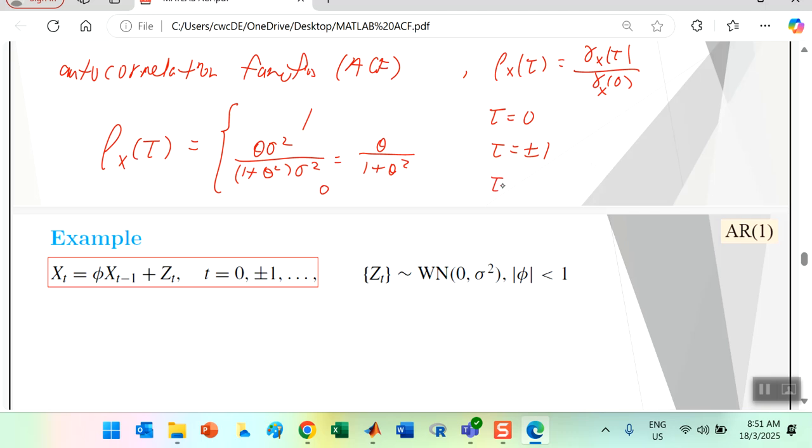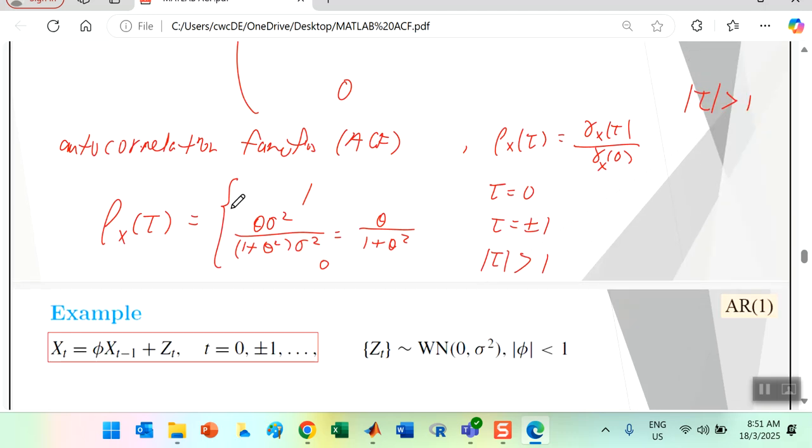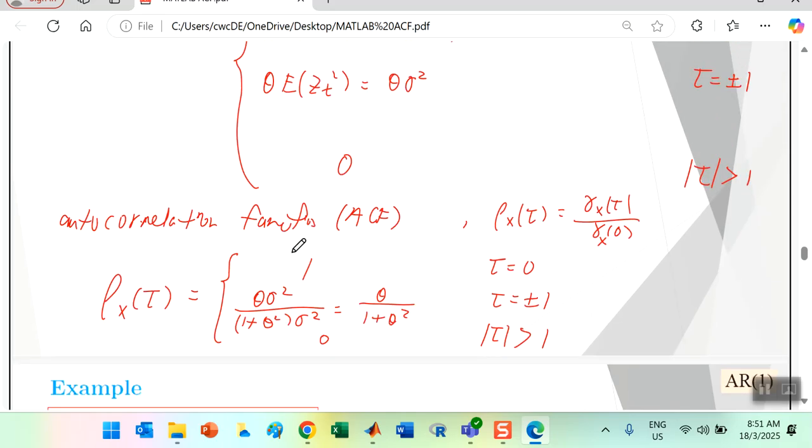In this way you have successfully plotted the ACF.